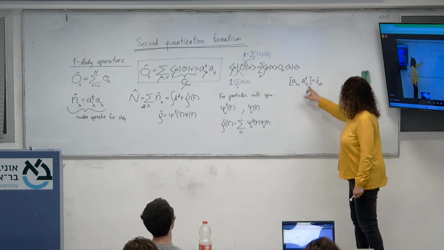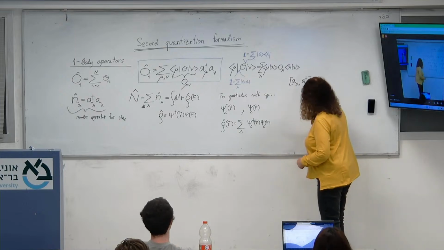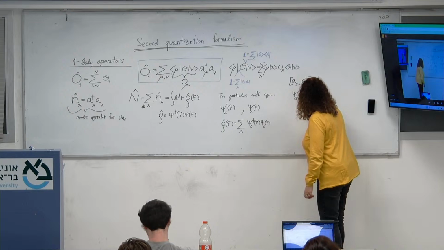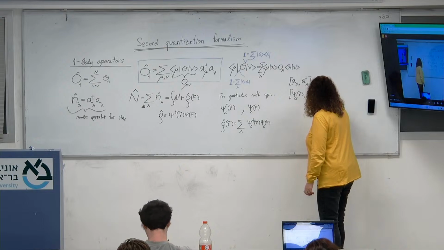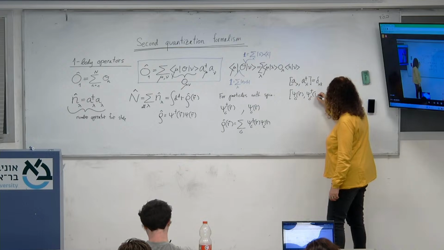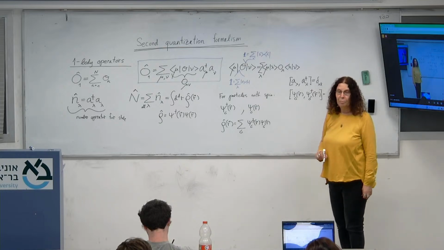So this is the commutator for a discrete index. But if I'm looking at the commutator or anti-commutator of psi sigma of R and psi sigma prime of R prime, what will be the right-hand side?